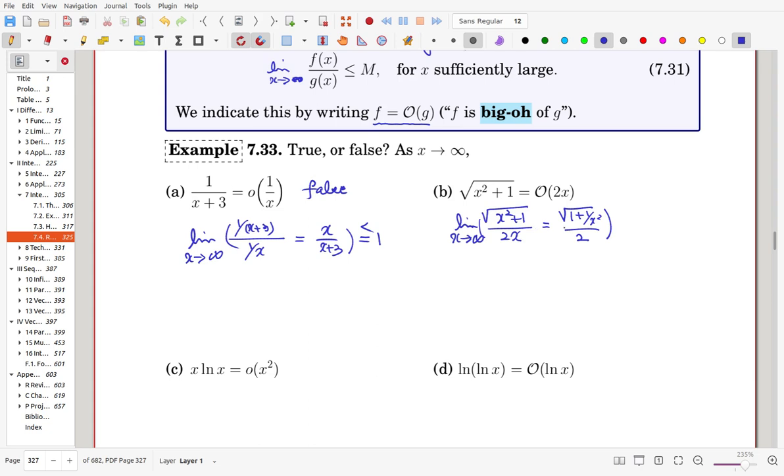That one is now converging to half. It's bounded by half anyway, always smaller than half, and the limit is half. So this condition is satisfied, and we can say f is big O of g. So it is true.